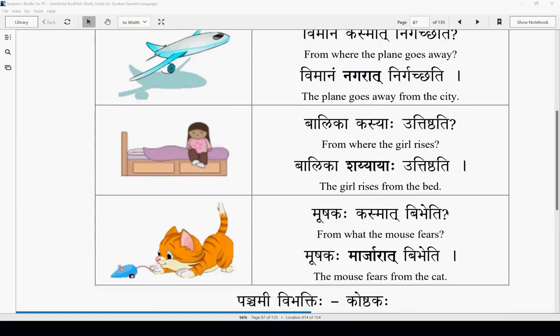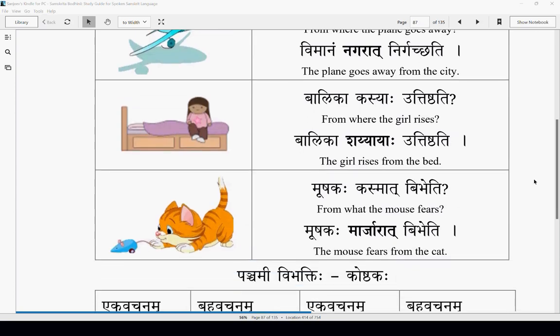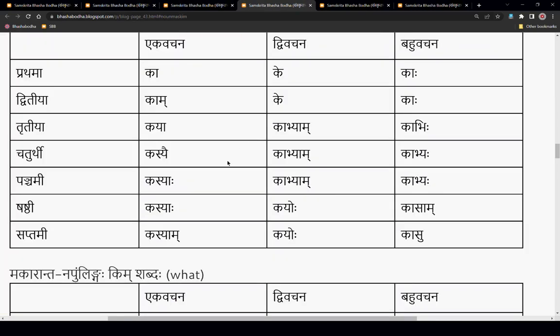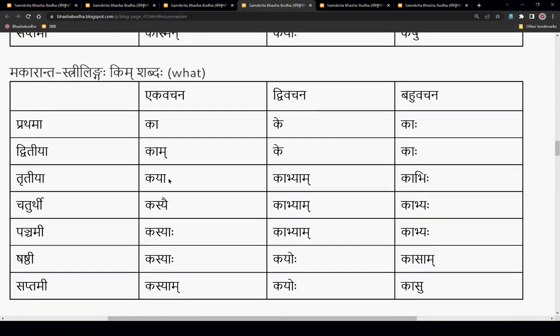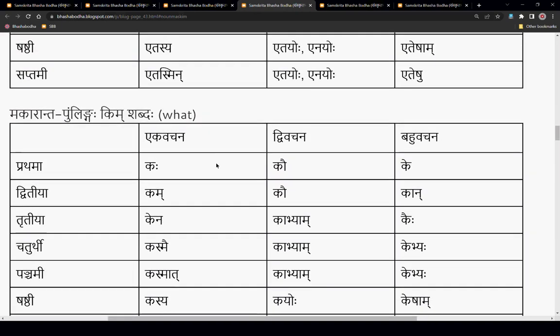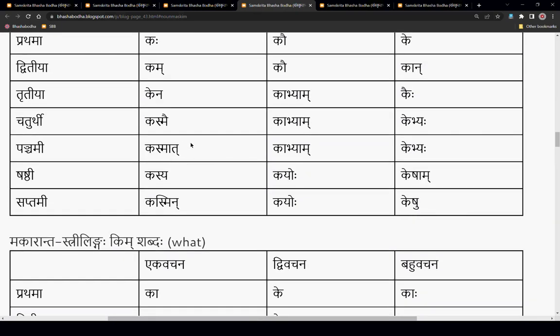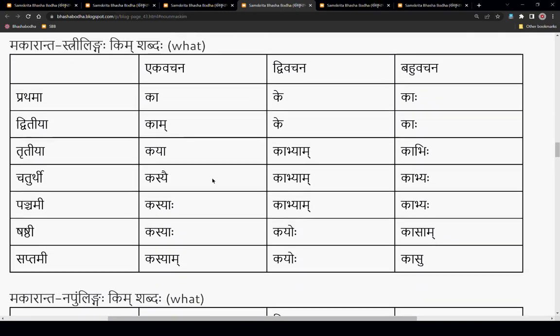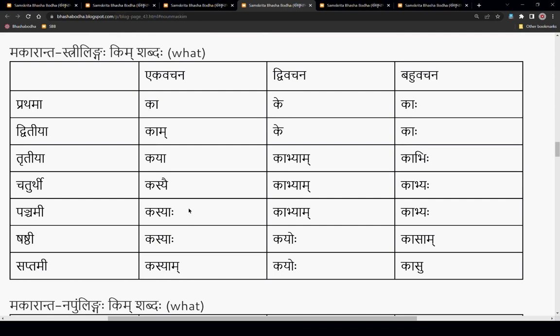Sujata Bhagini. Agre. Mahoday. Balika kasyah uttishtati. Balika shayyayah uttishtati. So here we saw the Kim shabda. In the Pullinga and Napunsakalinga, Panchami becomes Kasmat. And if you want to use it in Strilinga, Panchami becomes Kasyah.